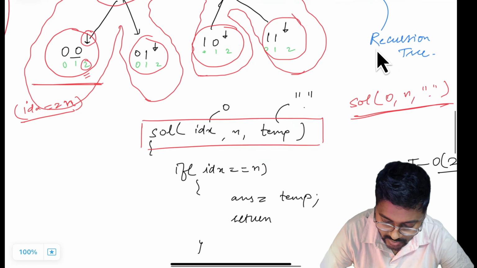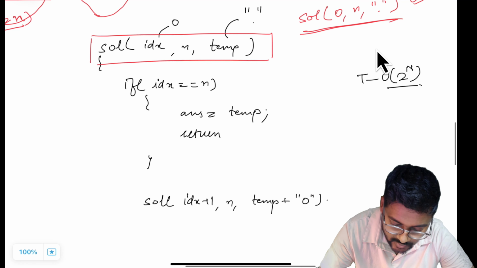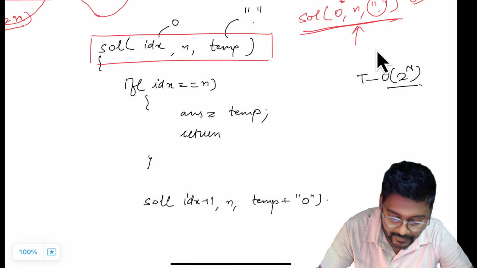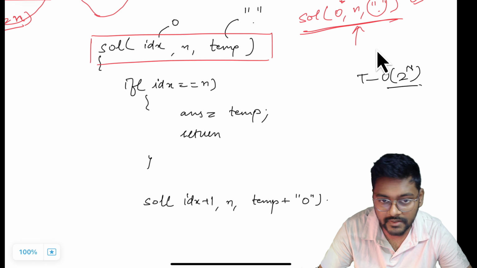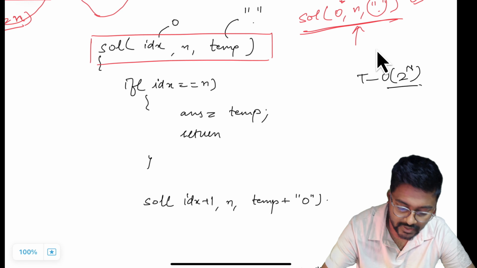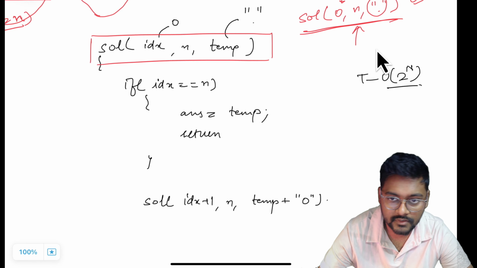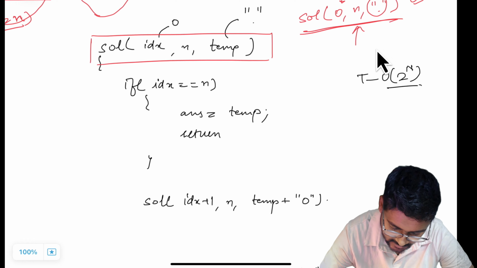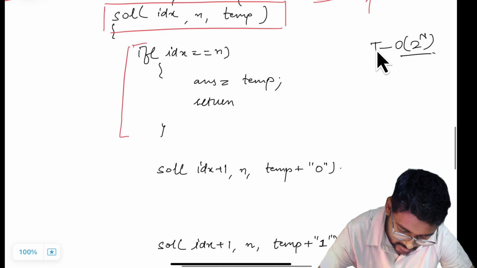If I just show you the code for this, see, this is going to be my starting call. Starting from index 0 we will prepare a temporary string, and when the temporary string length becomes equal to n, or the index goes till n, at that time I'm going to capture my answer. So this is going to be my terminating case.